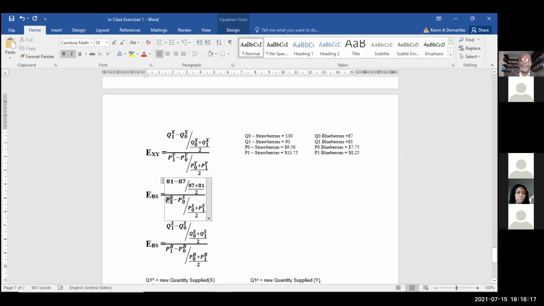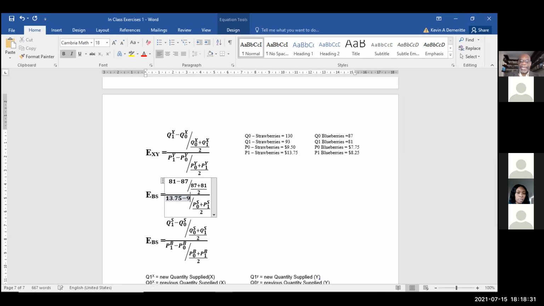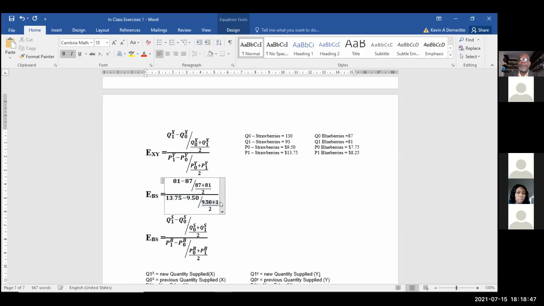And now for the prices, the new price of strawberries is $13.75. Thank you. And the original price of strawberries is $9.50. And you do the same, $9.50, and $13.75.